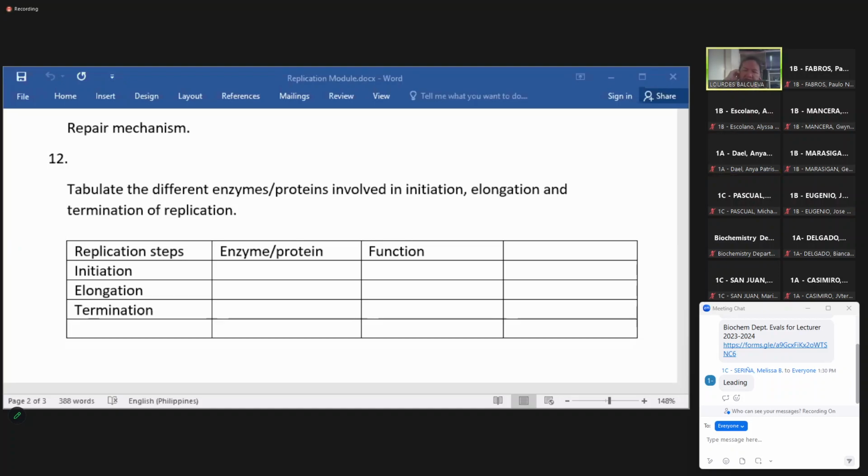And that would prevent the reannealing of the two chains, the two parent strands. Ano pa? Is there another enzyme that we have missed? Wala na? Okay, elongation.